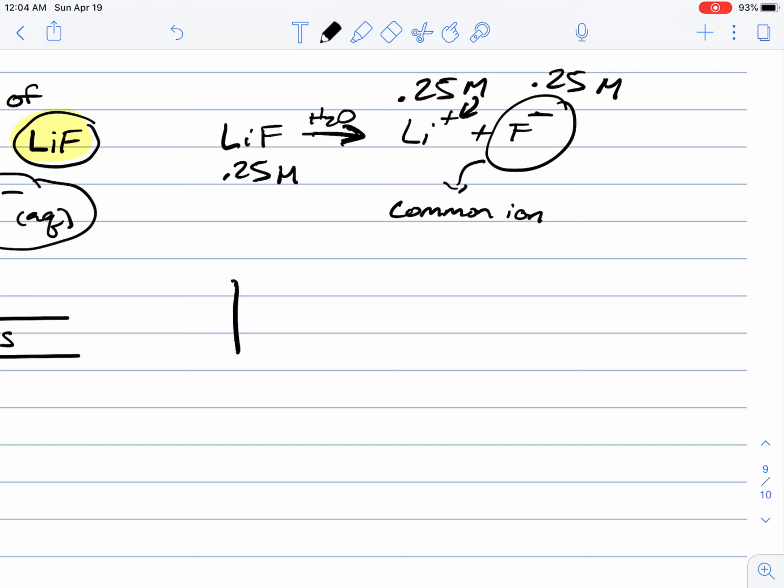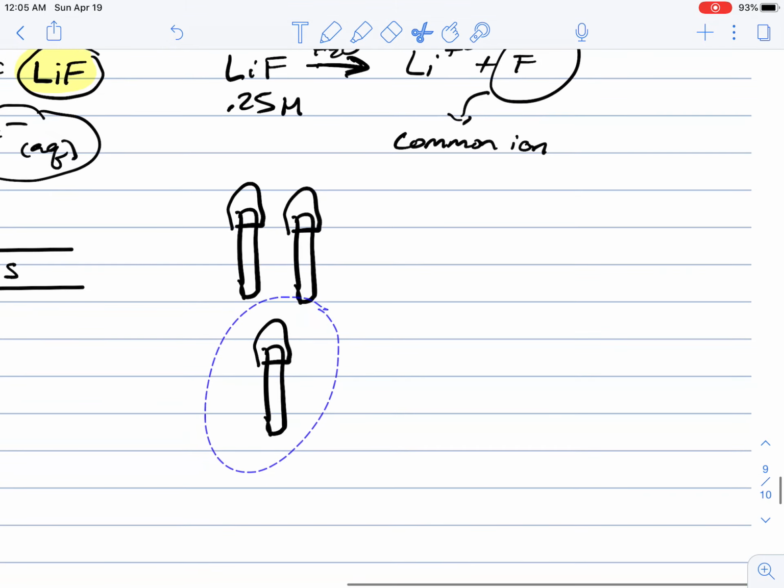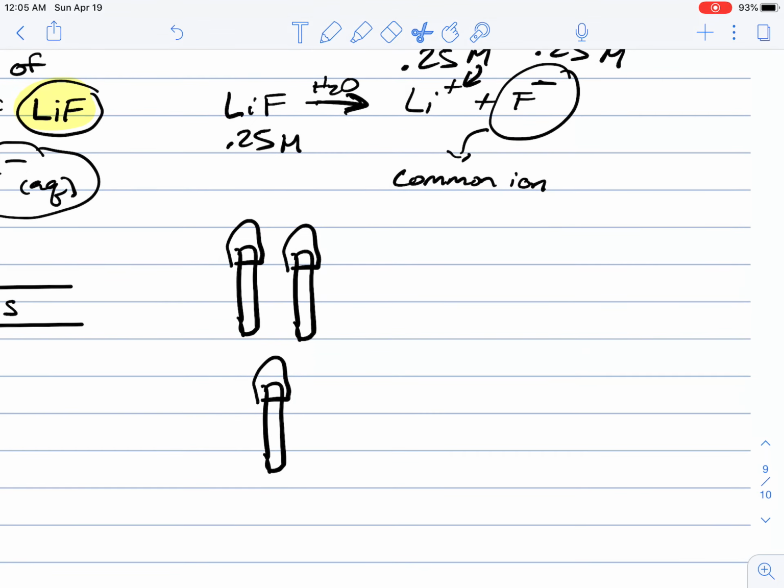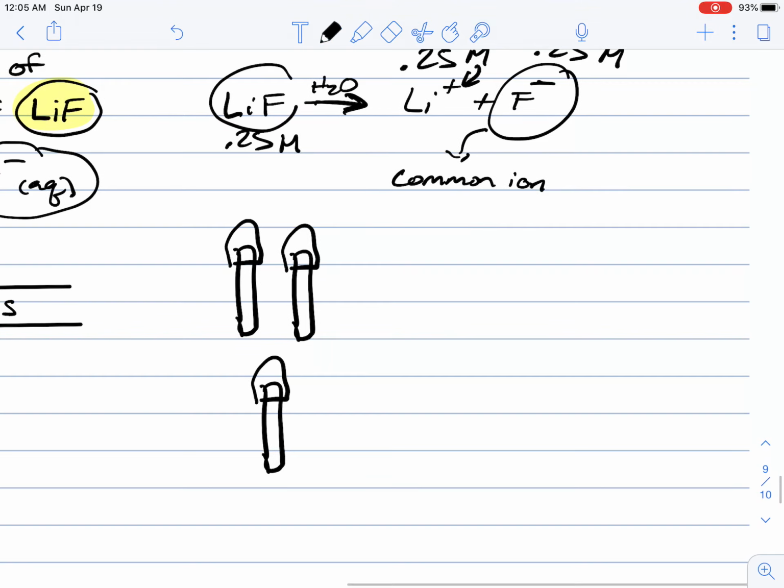So if you have a pen and a cap, I'm going to duplicate this, maybe just 3 times, because I just realized how much I have to do for 5. So let's just say that you have 3 pens with a cap, and that's going to represent the lithium fluoride. If you want, you can put in lithium for the pen and the fluoride for the cap.